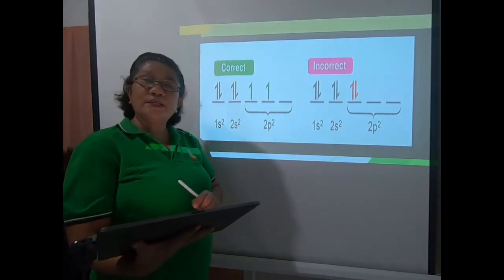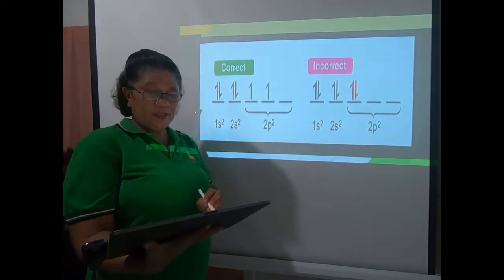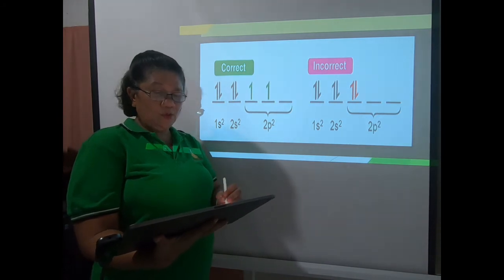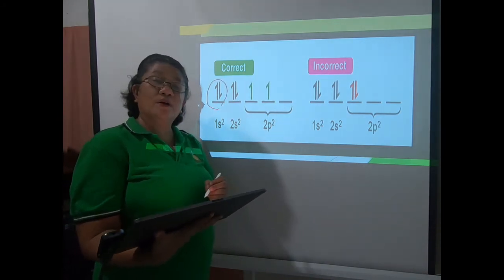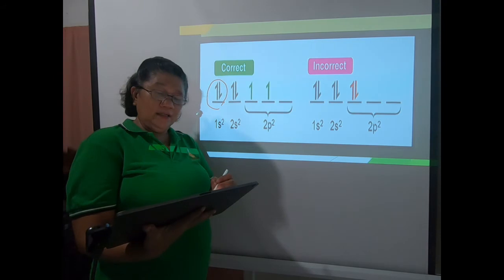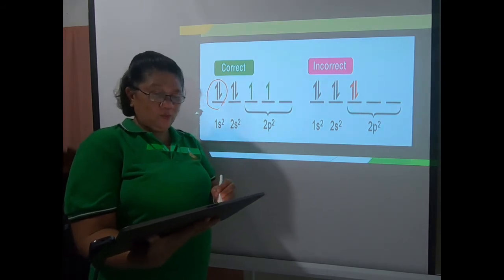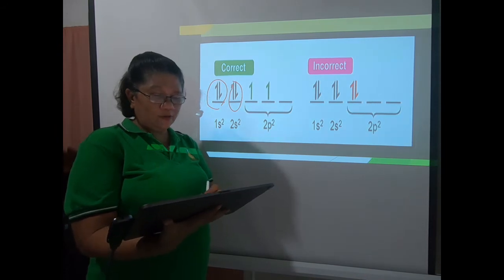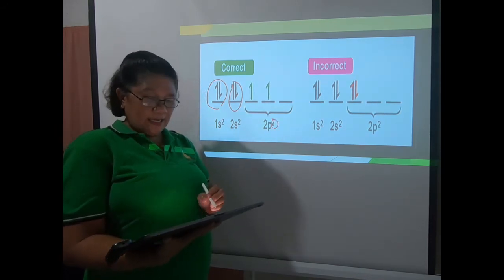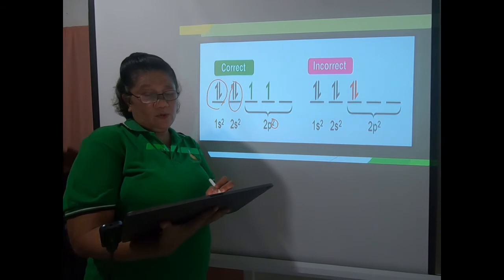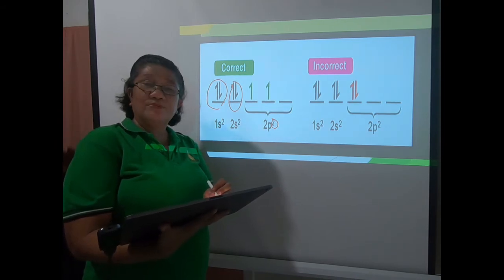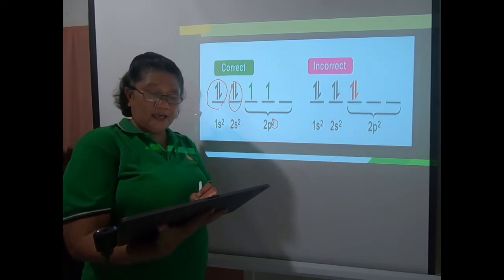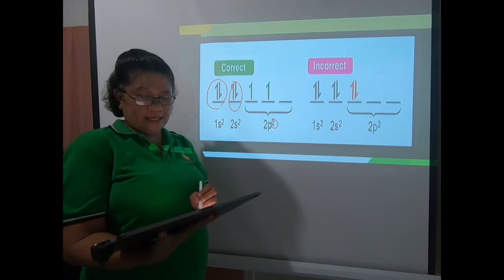So looking into this example, that is 1s2, of course, this is your orbital, the spin, 2s2. So for 2p2, how many electrons? There will only be 2 electrons. And how many orbitals do you have here? You have 3 orbitals for p. This is the x, y, z.